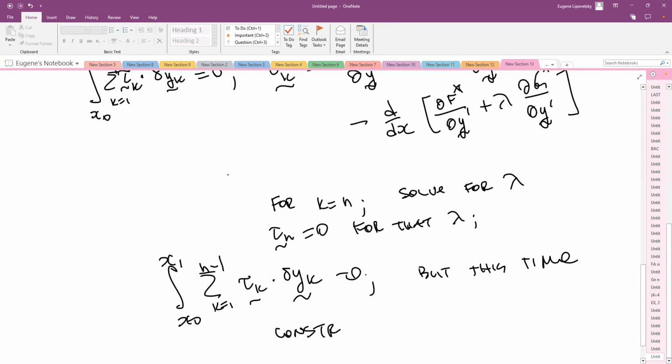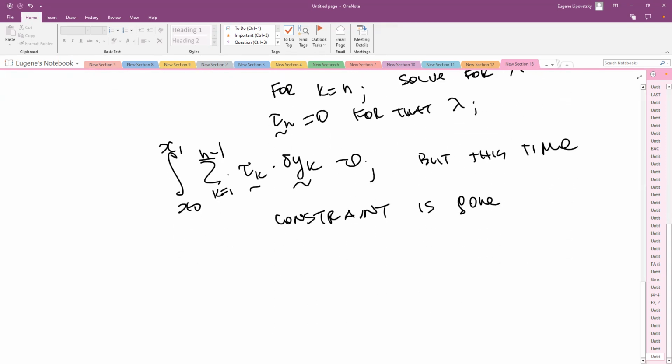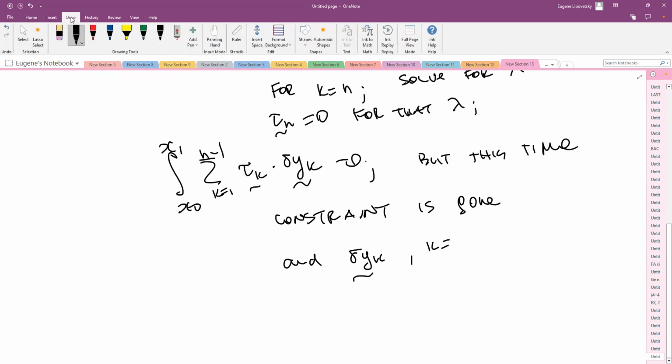It's gone. The delta yk, with k from 1 to n minus 1, are independent.